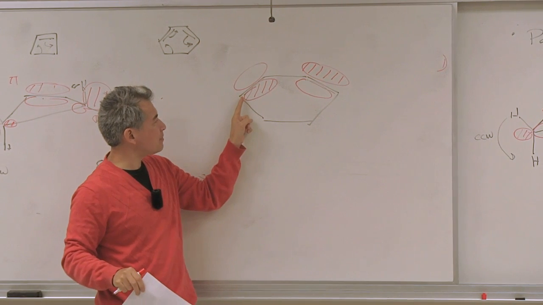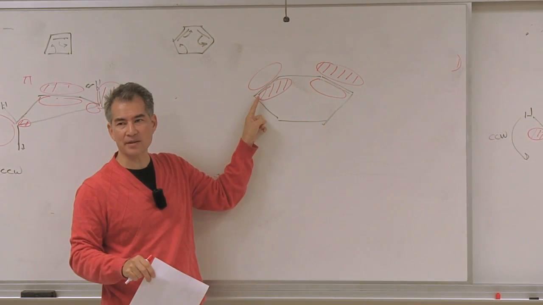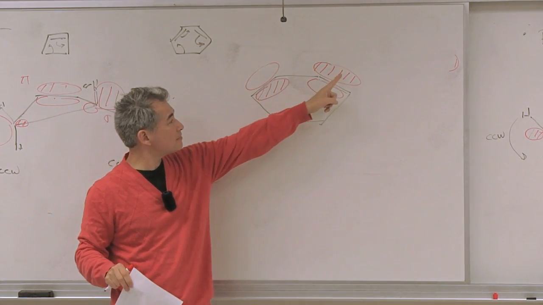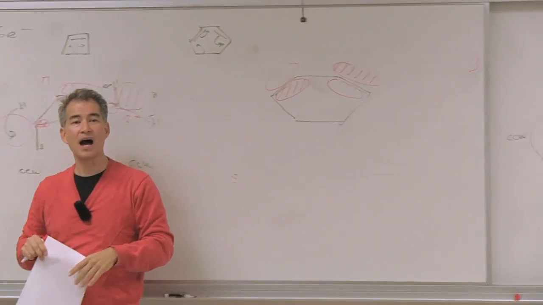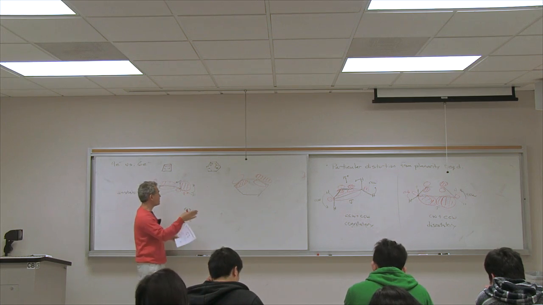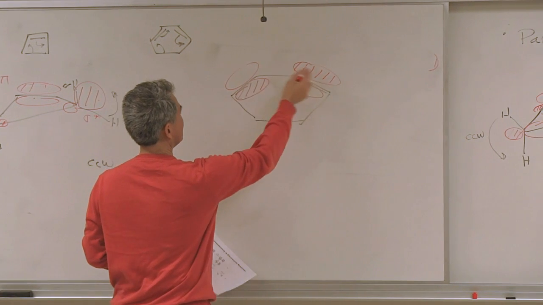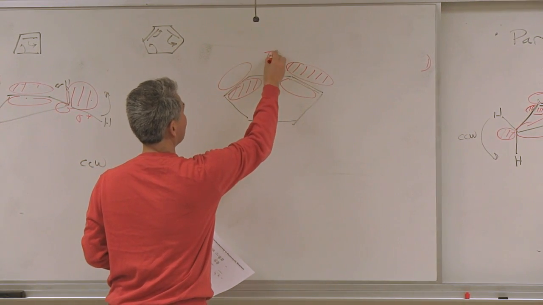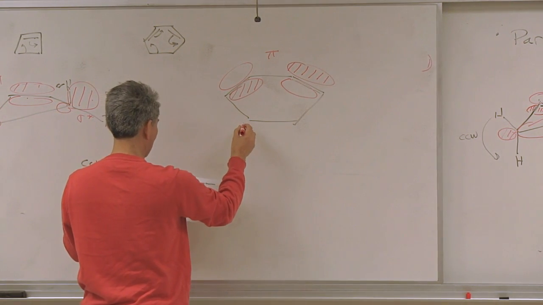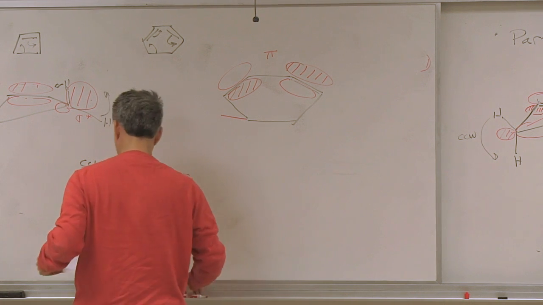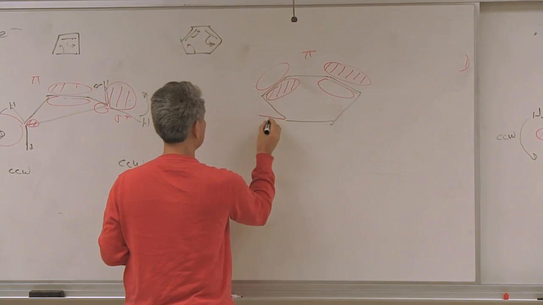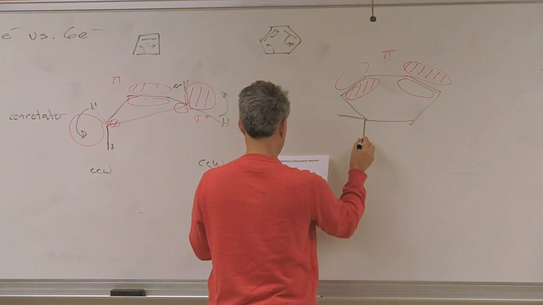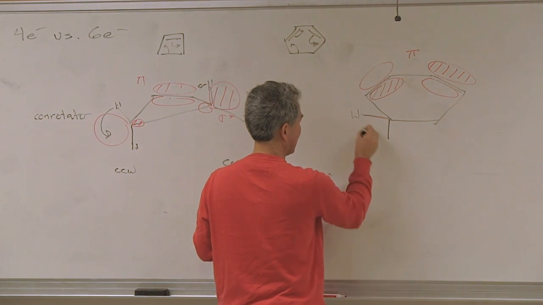On one end of my pi system, I've got the hashed part on the bottom, and on the other end of my pi system, I've got the hashed part on the top. So when I try to think about the interaction of this pi system, with a pair of electrons in there, with the antibonding orbital, if I do this conrotatory distortion, and this time I'm going to distort these things downward.